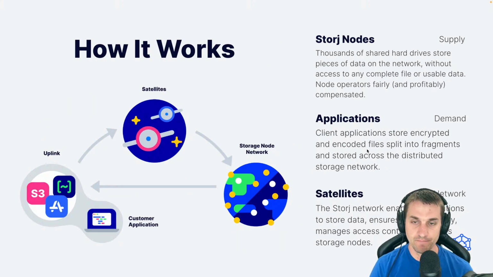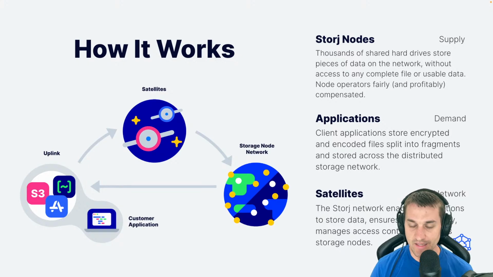So how does it work? Like I said, anyone can join our network. Storage node operators are those who have unutilized disk space, maybe something in their closet. They can connect it to a Raspberry Pi, join our network, and we're able to utilize that space.